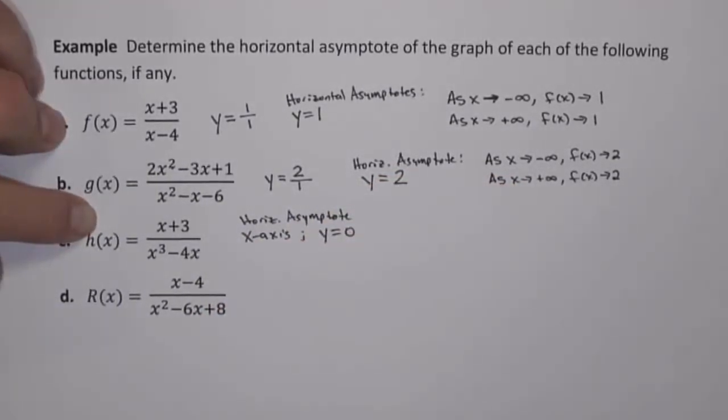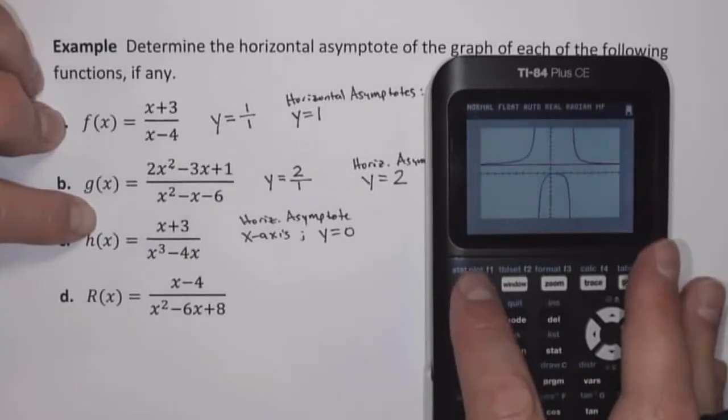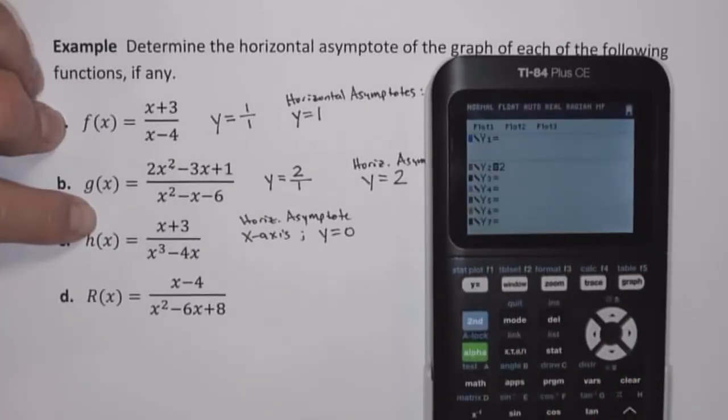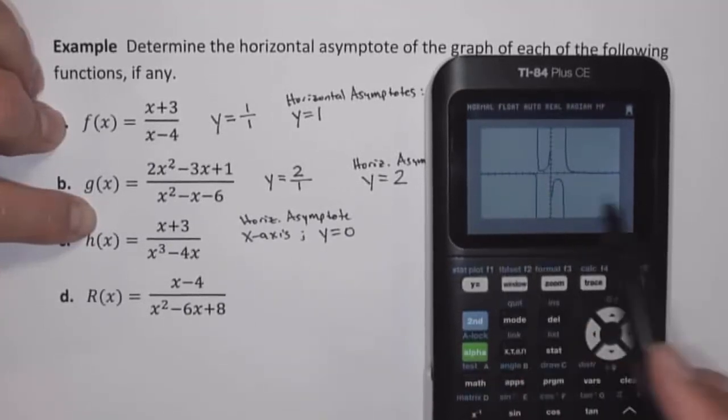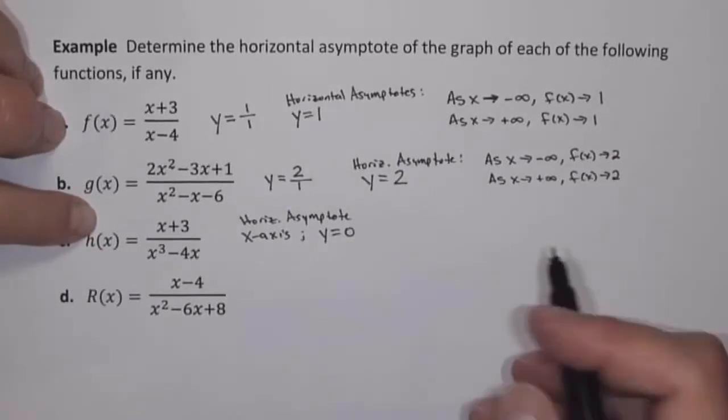So again, just to verify that, if I bring my calculator back in, we have x plus 3 in parentheses divided by x cubed minus 4x, and I have to also put that in parentheses. And if I graph that, we can see that the horizontal asymptote is in fact the x-axis, which is the same as the line y equals 0.